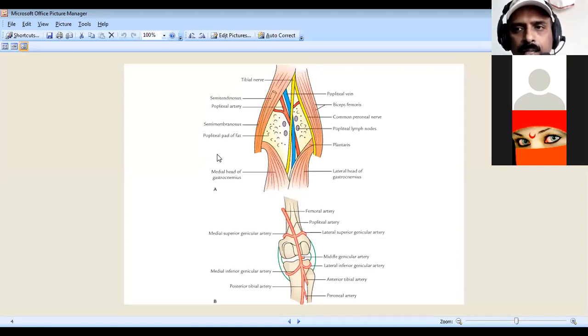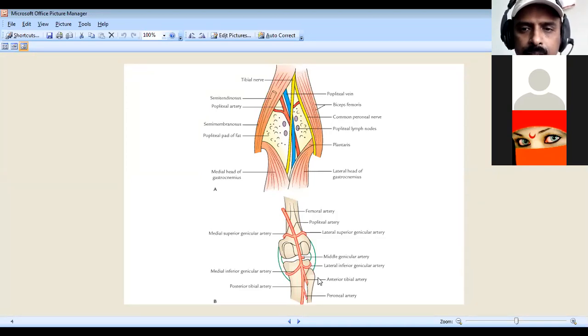The femoral artery continues as the popliteal artery. The contents are the popliteal artery, popliteal vein, the tibial nerve, and one more nerve, the common peroneal nerve.